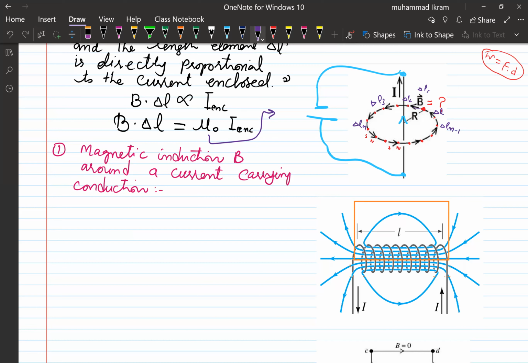Now to apply the Ampere law, we say the sum from i equals 1 up to n of Bi dot delta Li equals mu naught times I, that is the current enclosed by the circuit.